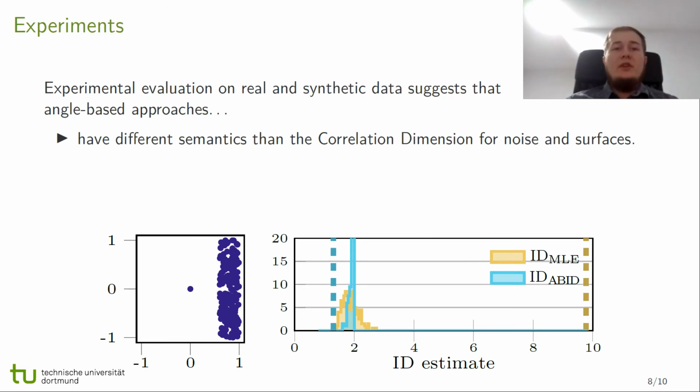The single point, however, results in an estimate of about 10 for the distance-based approaches, whereas the angle-based approach estimates an intrinsic dimensionality of 1 and a bit. These estimates are represented by the dashed lines in the histograms.